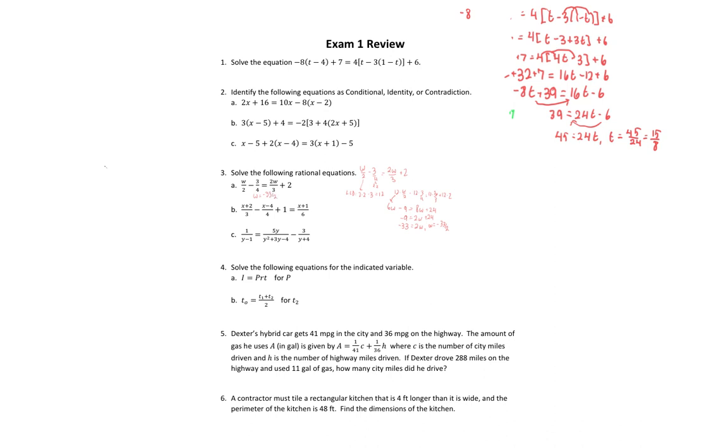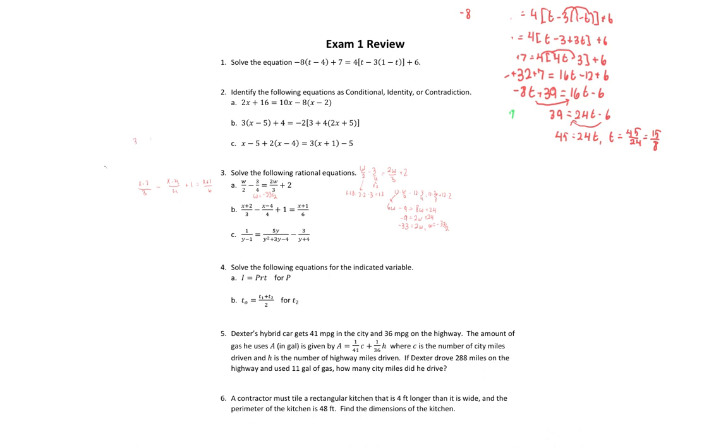Okay. So going on to this next one, we're going to do the same process. I'll work it on the left side now. So we have x plus 2 over 3 minus x minus 4 over 4 plus 1 equals x plus 1 over 6. So I'll take the bottoms of my fractions.